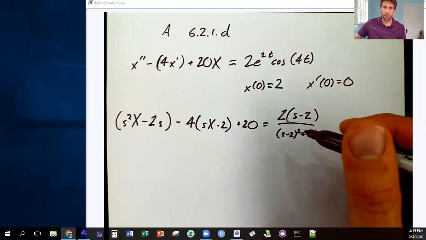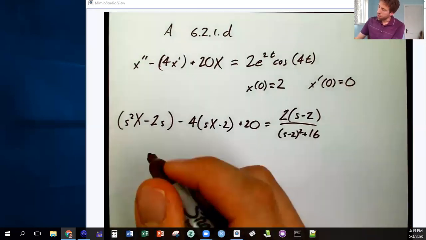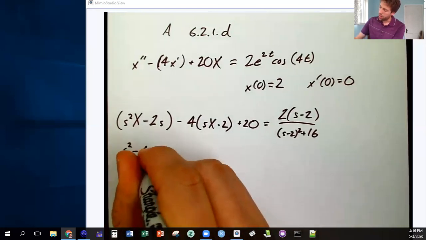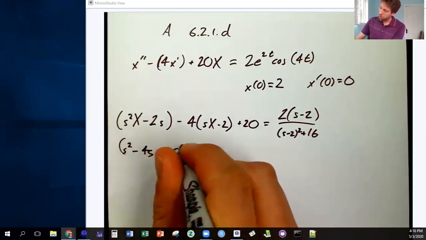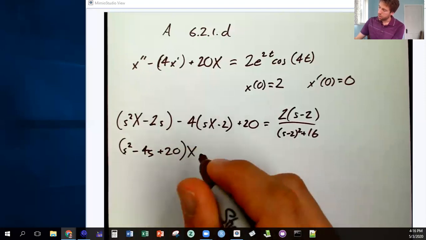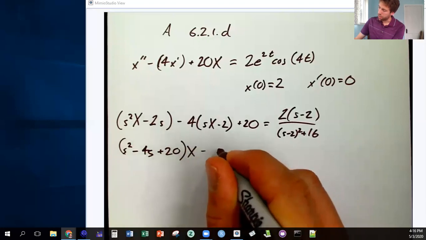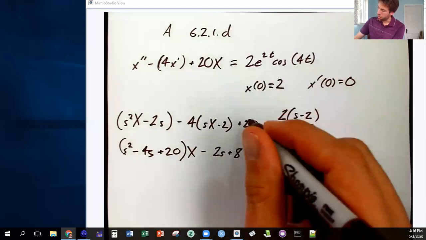Okay, and so now, here we go. So then we've got s squared minus 4s plus 20 times x, and then minus 2s plus 8. Oh, there's a big x there.